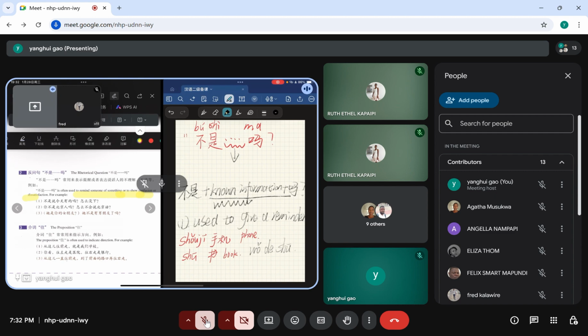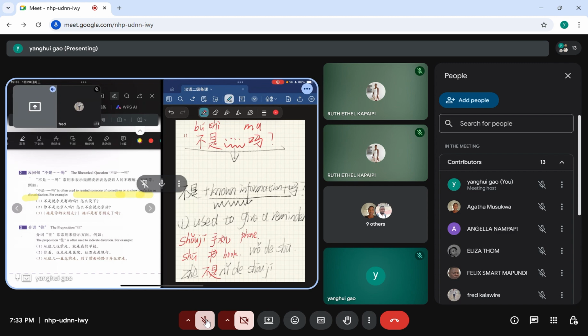For this form, we can say 这不是, and then as known information, your phone, 你的手机, and as a 吗. 这 means this.